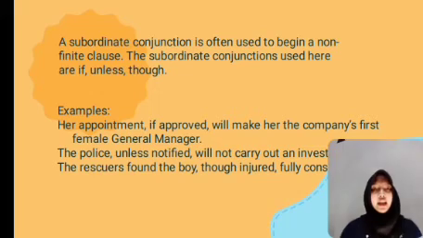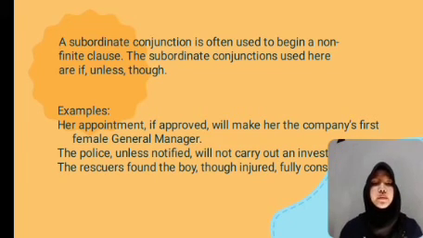Next, and it is the last point from non-finite clause. A subordinate conjunction is often used to begin a non-finite clause, such as if and unless. So here the subordinate conjunction is in front of the non-finite clause.